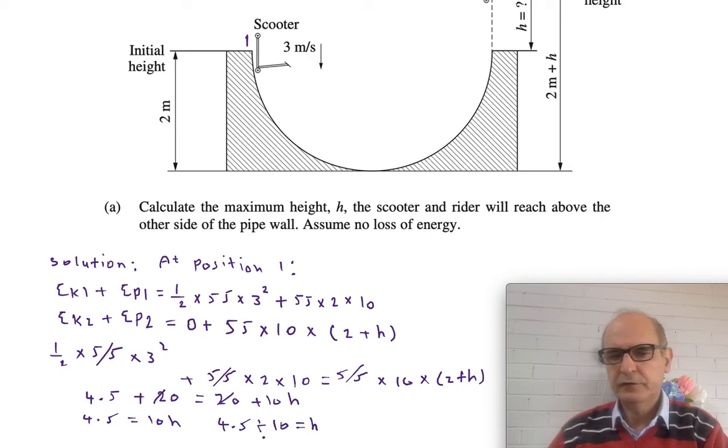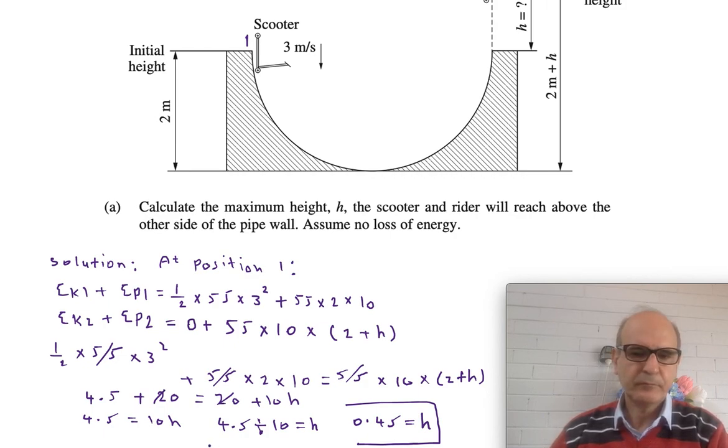And 4.5 divided by 10 gives you 0.45 equal to h. And that is the solution to this question. Thank you for your attention.